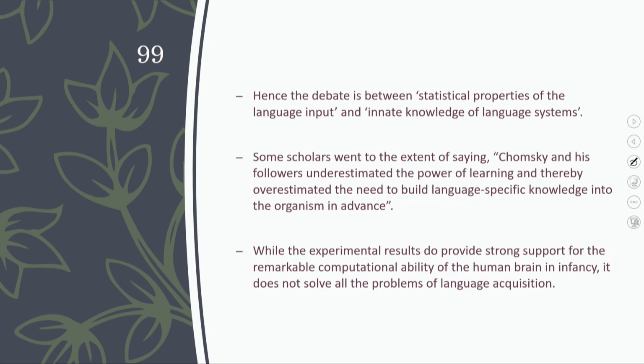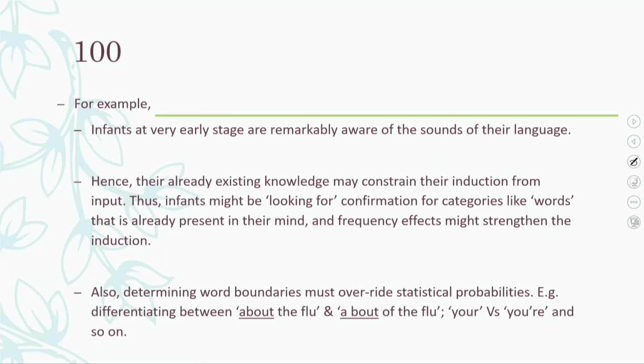While experimental results do provide strong support for the remarkable computational ability of the child or the human brain in infancy, it does not solve all the problems, as I was just beginning to say. For example, infants at a very early age are remarkably aware of the sounds of their language, hence the already existing knowledge may constrain their induction from the input. They already know it, right?